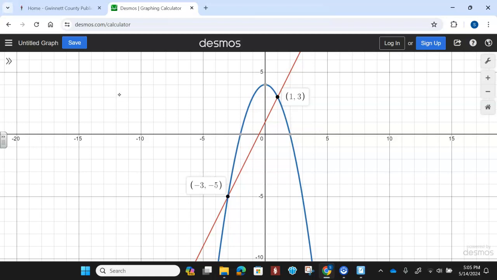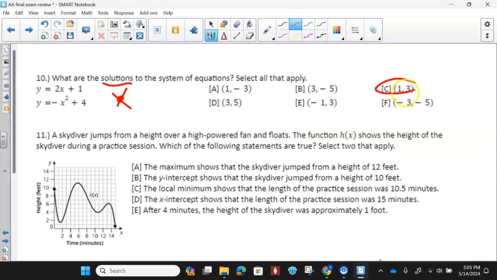So do not focus on where it crosses the x. That's just the x-intercepts. What we need to focus on for the solution is where the two graphs cross each other, which is at these 2 points here. So that's why here the answer is C and F.